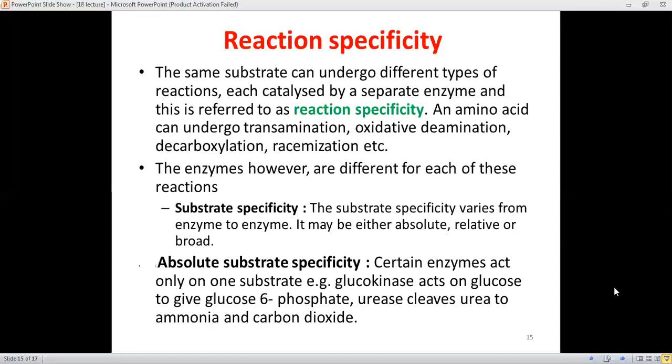It acts on glucose to give glucose 6-phosphate, and urease cleaves urea to ammonia and carbon dioxide. It means that it is absolute substrate specificity. Only these enzymes will act on the specific, absolute substrate.